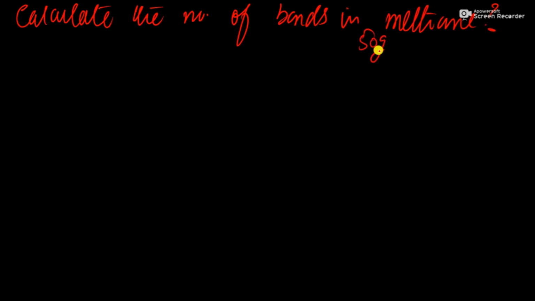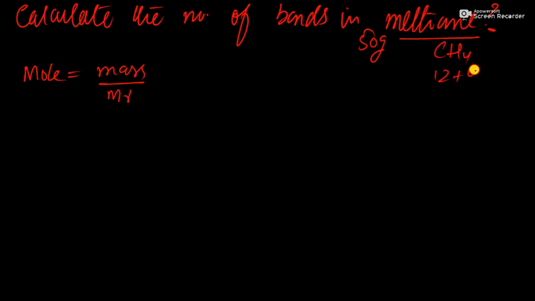First of all, you have to find out the mole, which is mass over molar mass. The molar mass of methane, CH4, is 12 plus 4, which gives 16. So 50 gram divided by 16 gives 3.125 again.